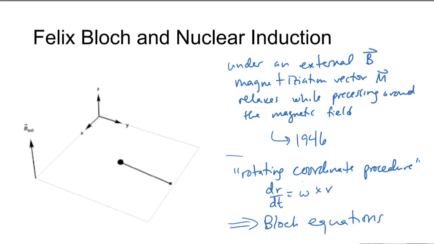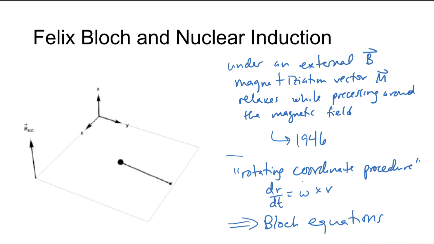All right. So I had you guys read a little bit about Felix Bloch and his nuclear induction experiments. A lot of the concepts from NMR are going to come into play when we talk about T1 and T2 times and coherence next week.